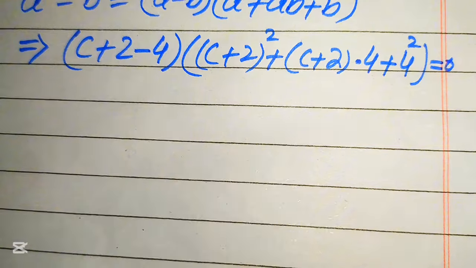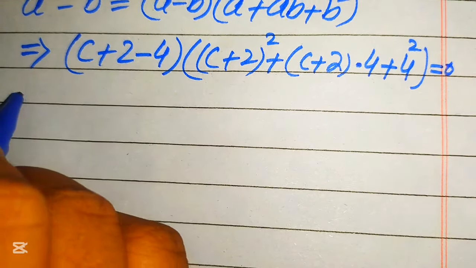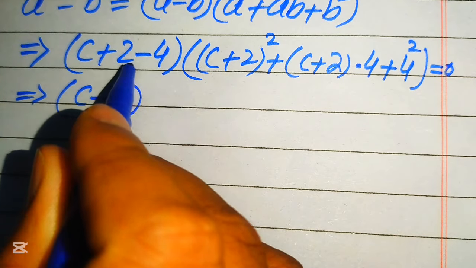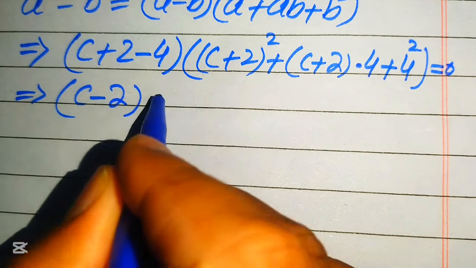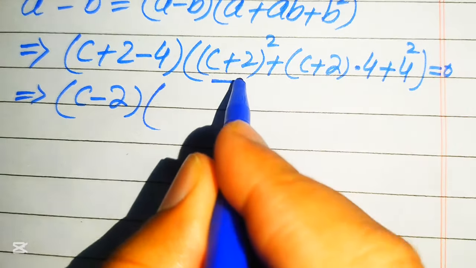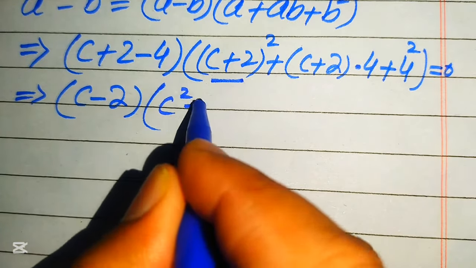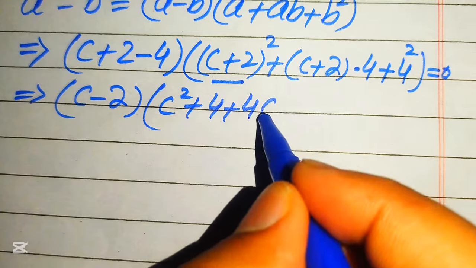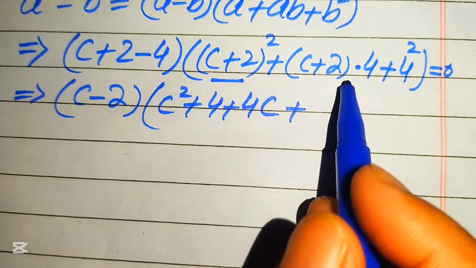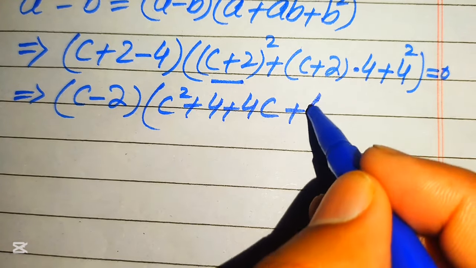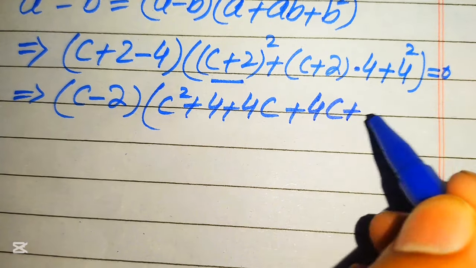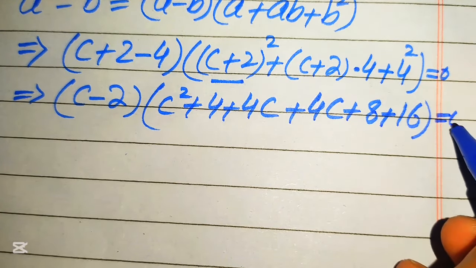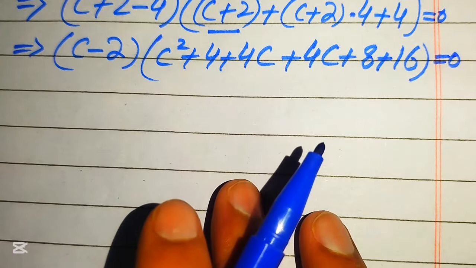And now we need more simplifications and we will get here c minus 2, since 2 plus 2 minus 4 becomes minus 2, times, here we need to expand the formula of this term and it will be written as c squared plus 4 plus 4c, and plus, here we need to multiply this 4 on both of these values and it becomes 4c plus 8, and this 4 squared equals 16, and this whole equation equals 0.